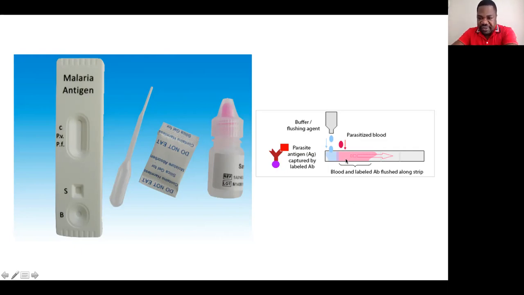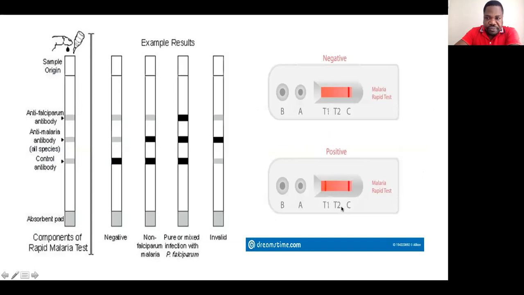So this is what you have here. The S hole is where you add the blood. You have a drop of blood here, then you add a drop of buffer, and then it progresses. So that's what I explained.